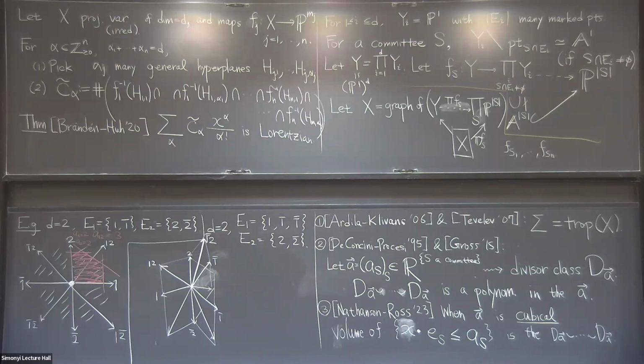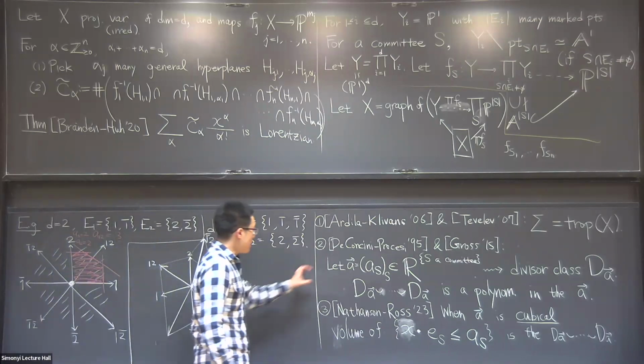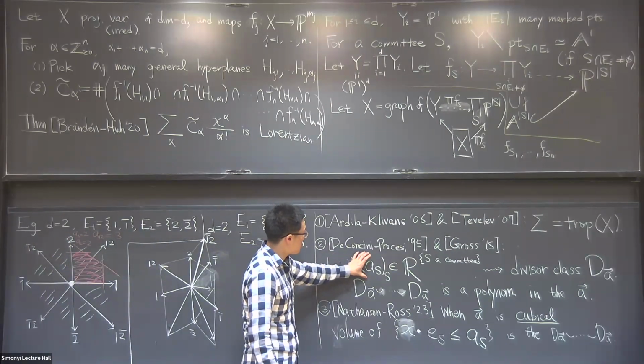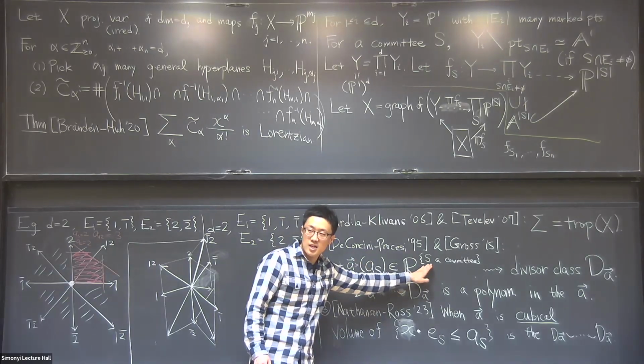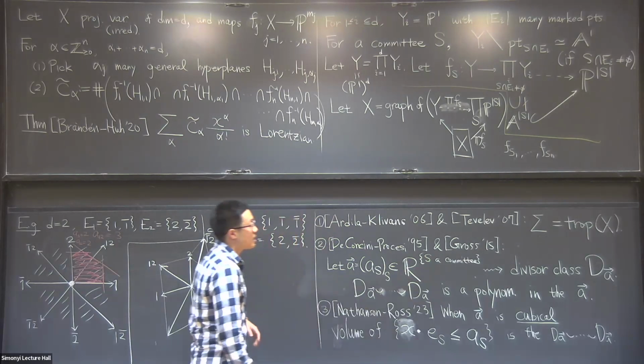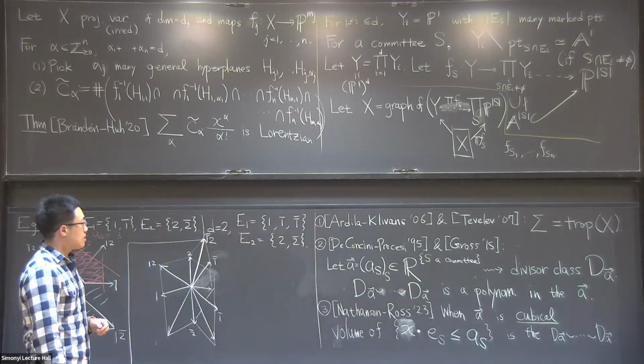In Theorem 2, what is the A vector we're using here? How does alpha relate to this? Oh, A is just my notation for a vector in R to the committees. And in your theorem, are you plugging in a specific value for this vector?